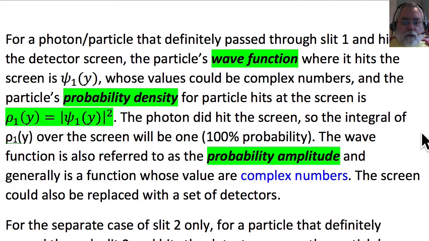The wave function is also referred to as probability amplitude. It can be confusing at first. There's a probability amplitude and a probability density or probability. Those are two separate things. They're related. You can compute probability density from probability amplitude, but they're not the same, and you must not use a probability amplitude in a place where you should have used a probability density.